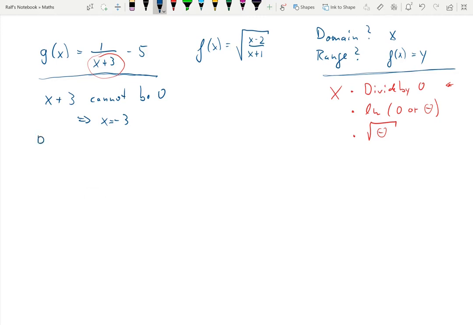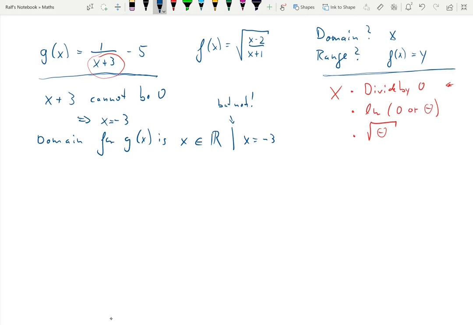So the domain for g of x is that x is an element of all real numbers, but, and we indicate that with a vertical line, so that says but not, x equals negative 3.